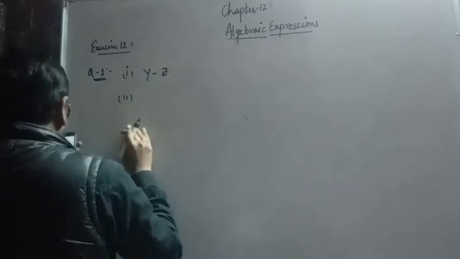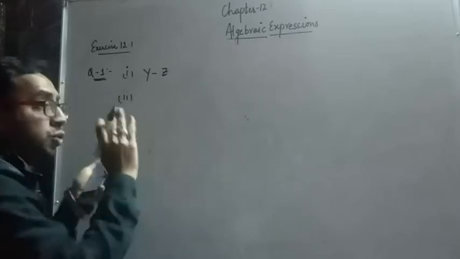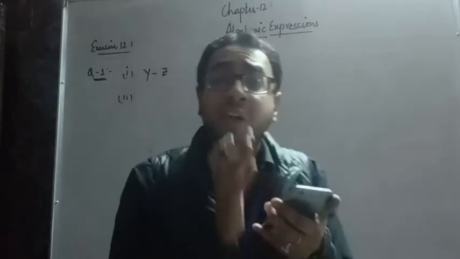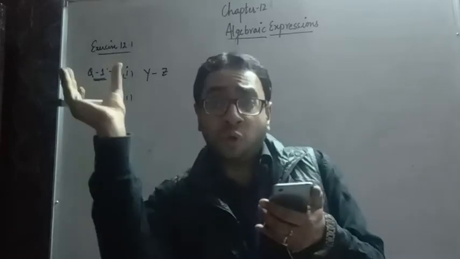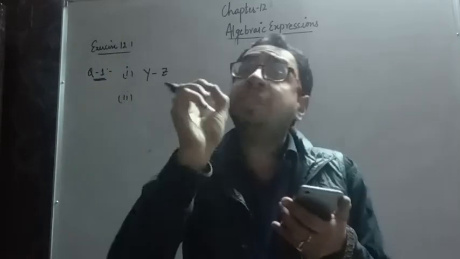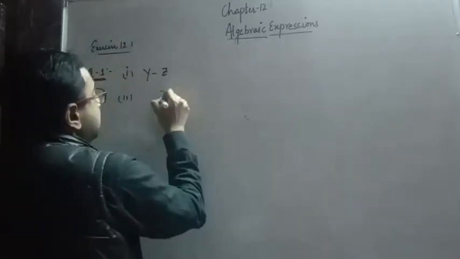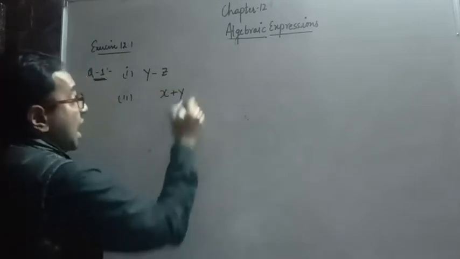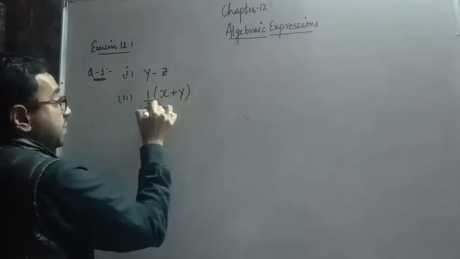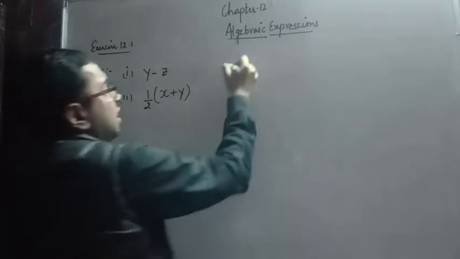Secondly, 1/2 of the sum of the numbers x and y. Do remember in the statement question, it is very important. Completely read the statement first and go from the far. Coming first, the sum of the numbers x and y. What do you mean by the sum of the number x and y? x plus y and their half. Many students might be thinking, sir, we can write this way also.